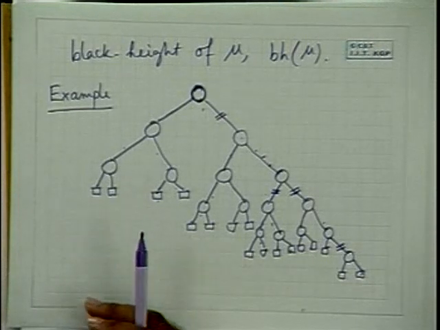And how many more red edges can you have? At most intersperse them with one red, because two consecutive reds are not allowed. So the longest path can have twice the length of the shortest path.